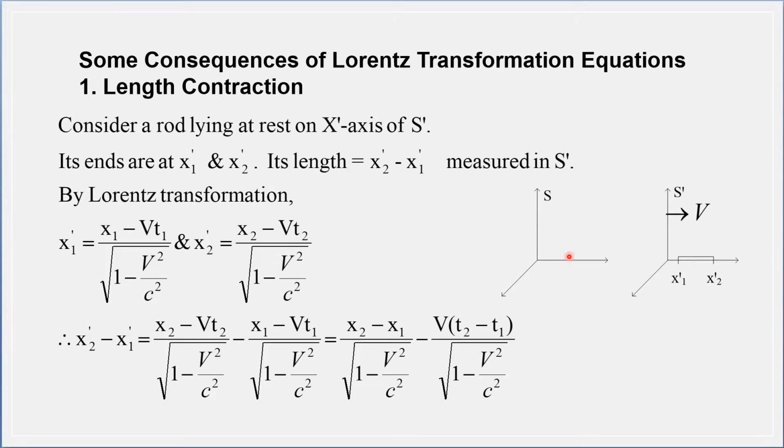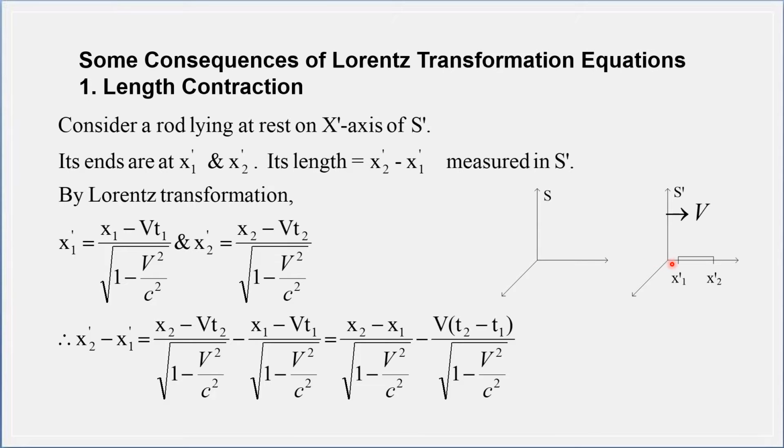Example, the first frame is the road on the earth and the observer is standing on the road, and the second frame S dash is the floor of the bus and you are keeping the rod on the floor of the bus. So when the bus moves, the rod in the bus is stationary, but it moves along with the bus. So the observer in the frame S, that means the observer on the road, will see that the rod is also moving.